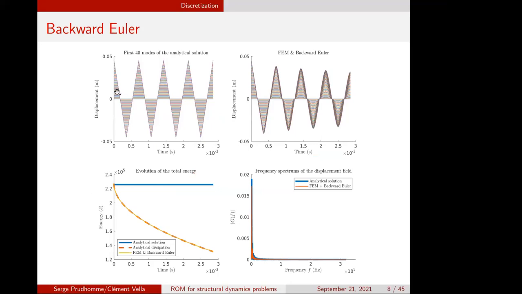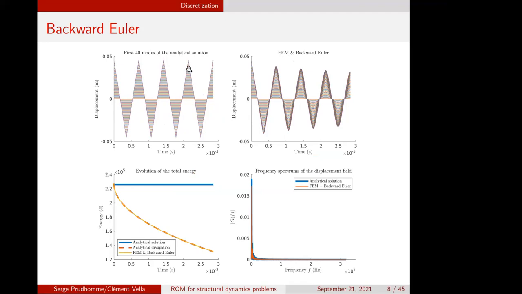So essentially, after 40 modes, I'm showing here the analytical solution, which is given here. And maybe you see it, we still see some little wiggles in the solution, and wiggles that also we are going to find in the FEM solution.